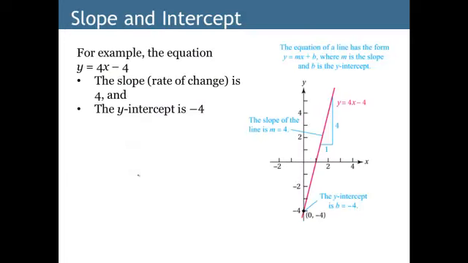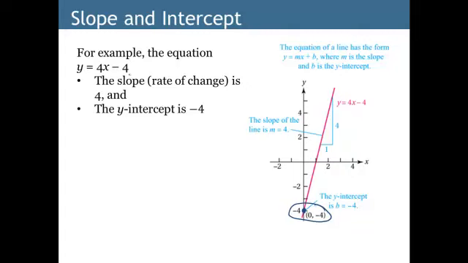Last thing we need to talk about is slope and intercept. So the equation, this is the mx plus b form. Remember, this number before x, the number before your variable, is the slope or the rate of change. And this part is the y-intercept or the initial value. So the way to think about that is the initial value is always on the y-axis. So since -4 is the initial value, that gives us this starting point.